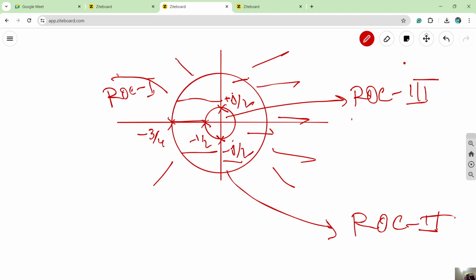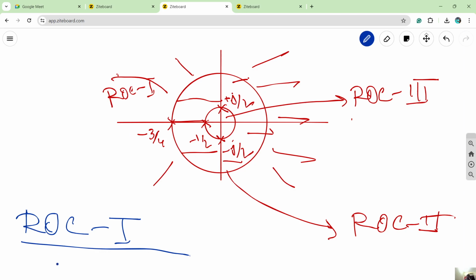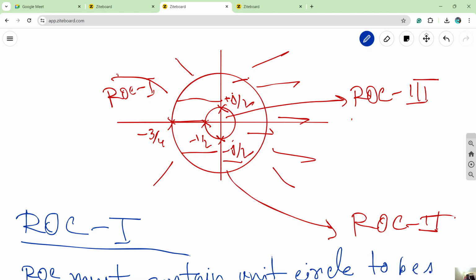So again, the answer is ROC 1 because to be stable, the ROC must contain the unit circle, and also it should be outer to the outermost pole. So the correct option is ROC 1.